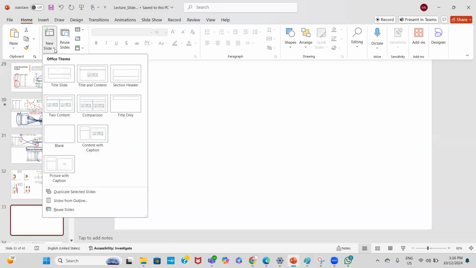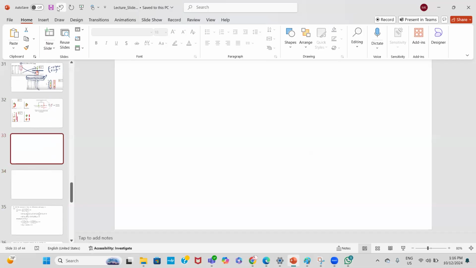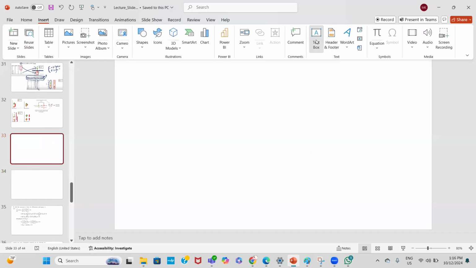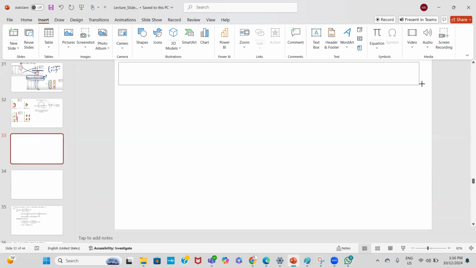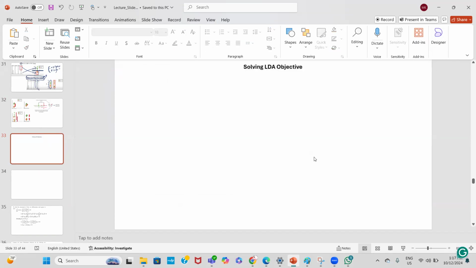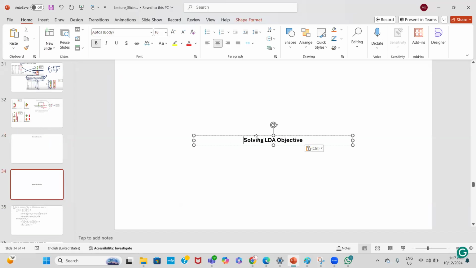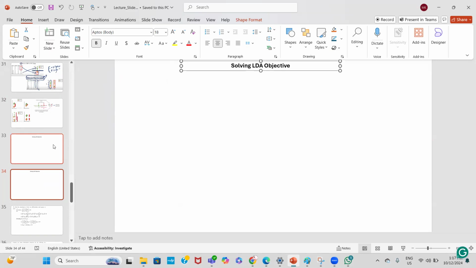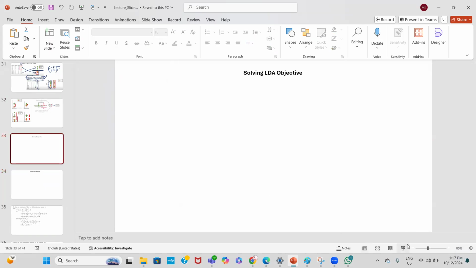I think we need two more slides here. So we try to solve this LDA objective now. Okay, so that is the goal now. Right. So let's go back and understand solving the objective here.